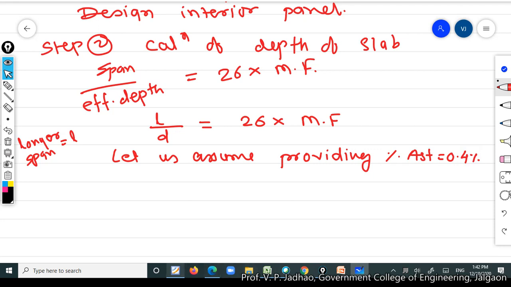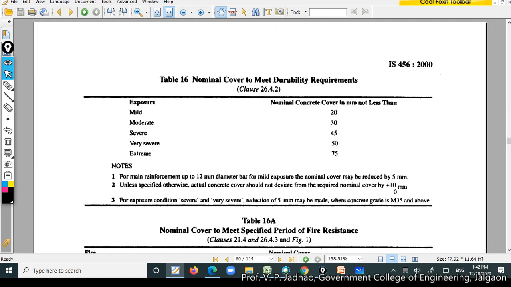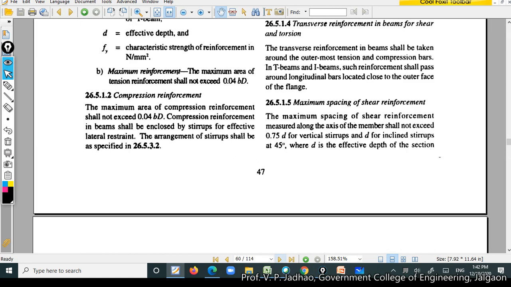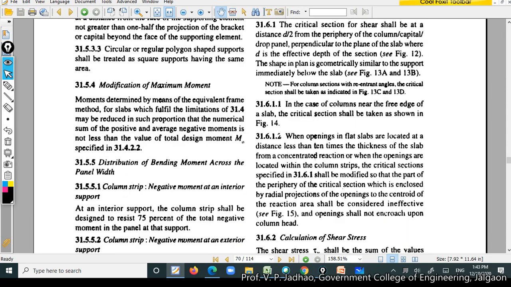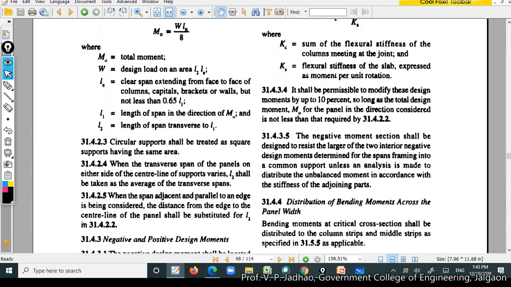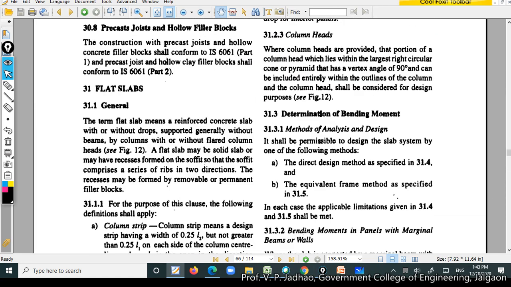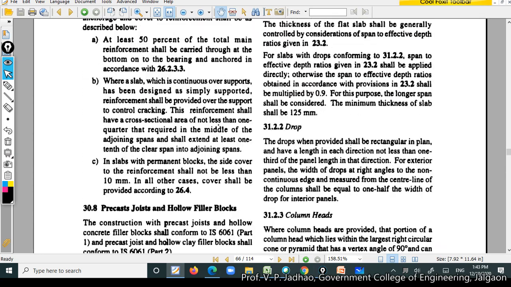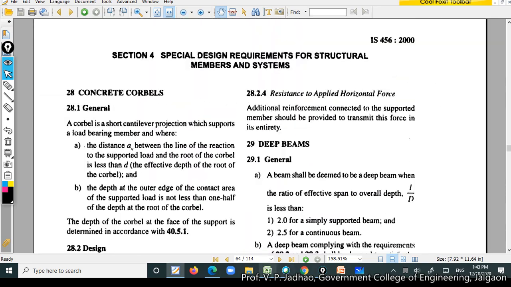Now as per clause number 31.2, just a minute, sorry, page number 38.